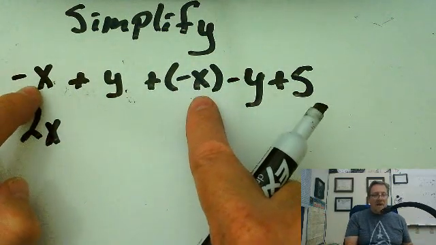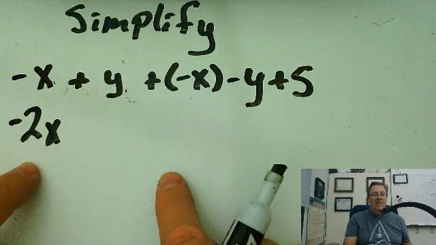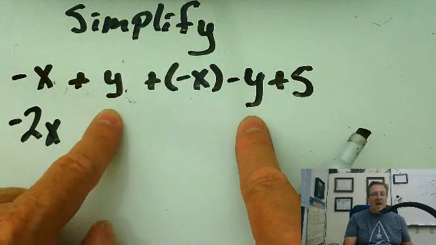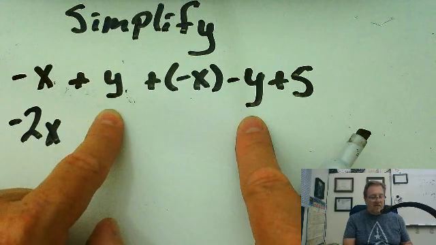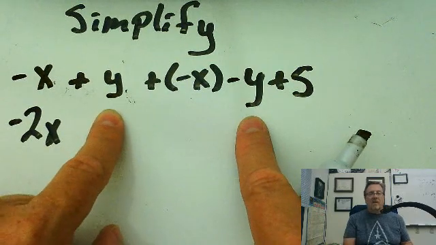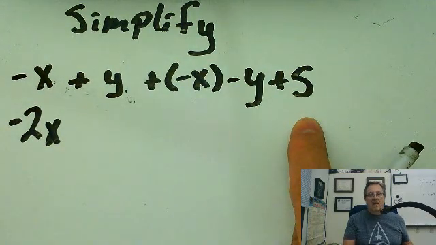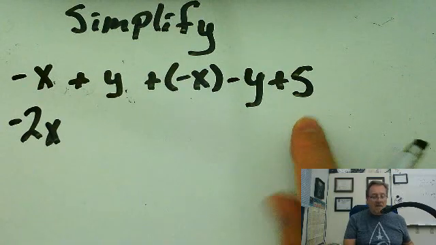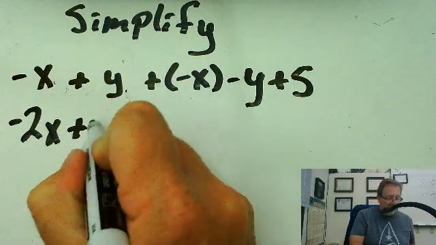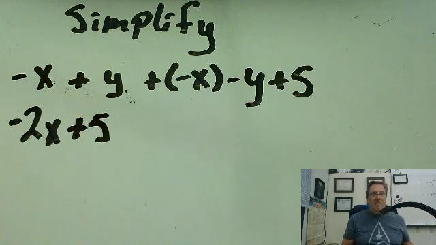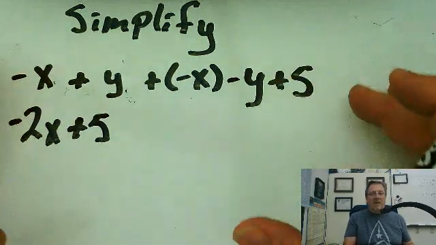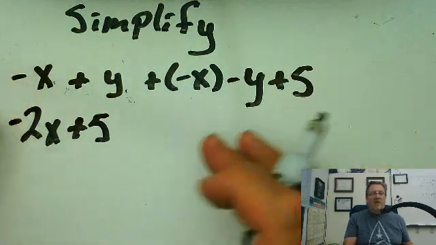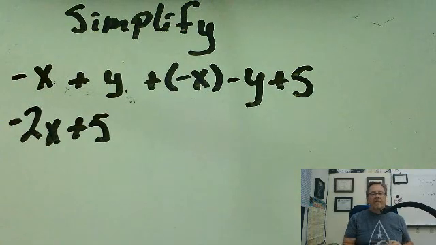So I combine my x's, I combine my y's, they just happen to cancel, but there's still another term. What do we do with this? Yep, it's still there, so we still write it. Okay? There. That's how we simplify. We combined our like terms and made a simpler expression. Okay? And we're done. That's it.